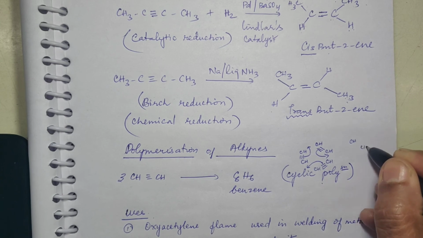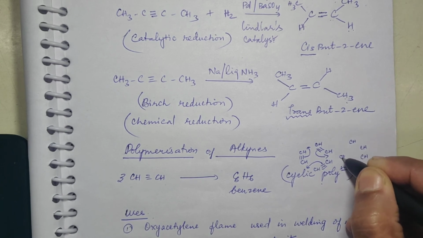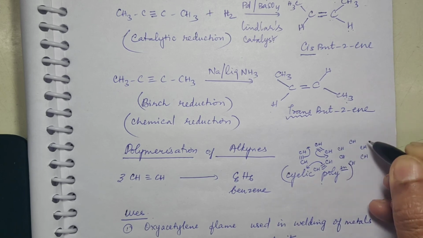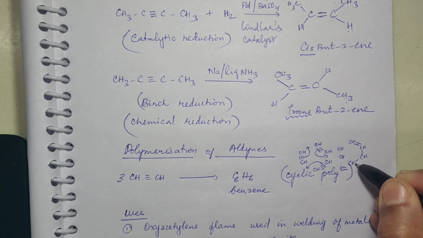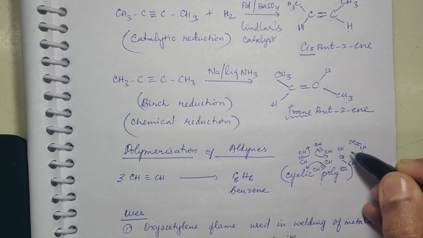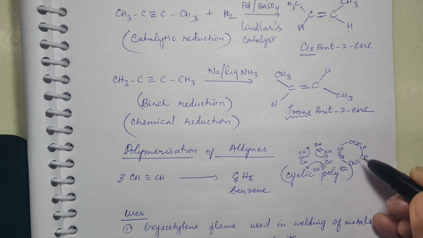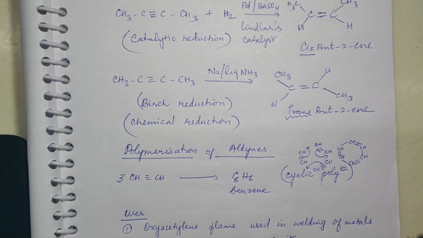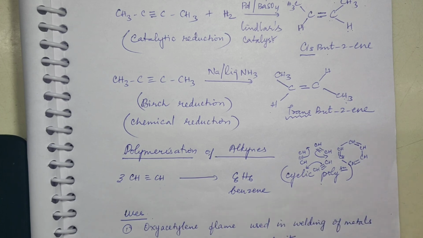CH, CH. Now this triple bond has become double, and the third bond has shifted here. Then again this has become double, third bond has shifted here, and this is double, and the third bond has shifted here. So this is your benzene. So three molecules of ethyne will give you benzene.